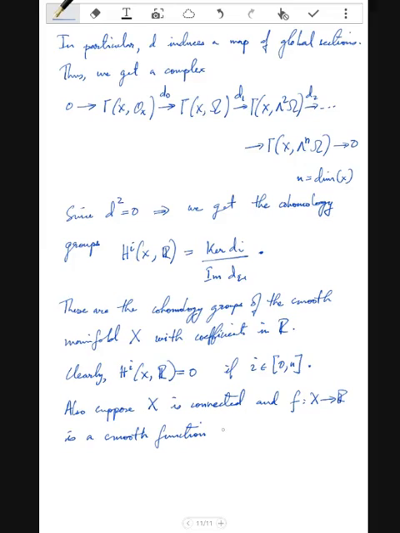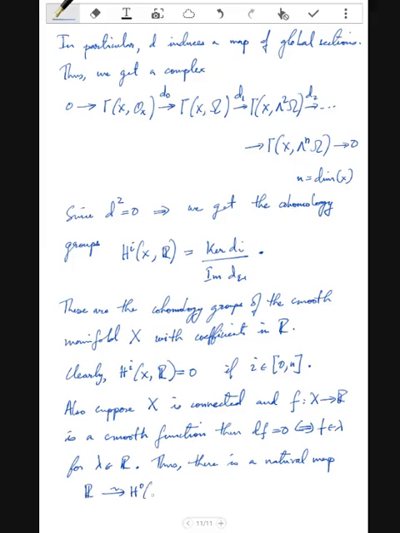Then df is equal to 0 if and only if f is equal to lambda for some lambda in R. So f is constant. Thus there is a natural map from R, an isomorphism to H0 x R.